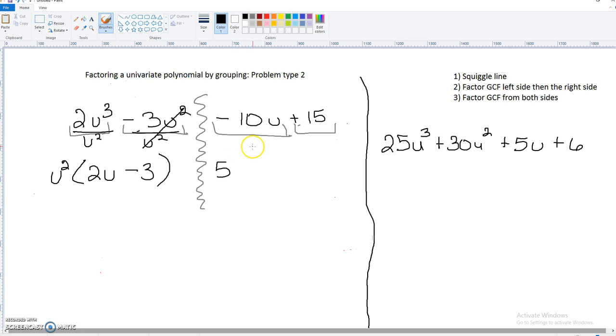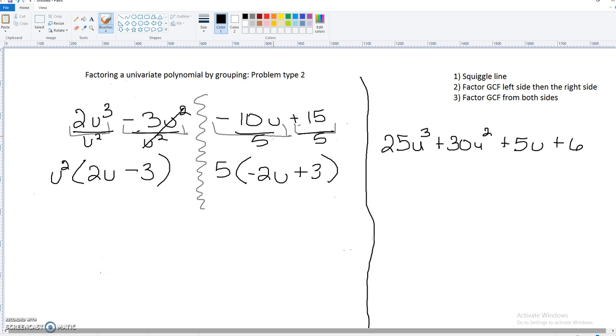Okay? So I'm going to divide a 5 out of both. Okay, so -10u divided by 5 is -2u. And 15 divided by 5 is +3.